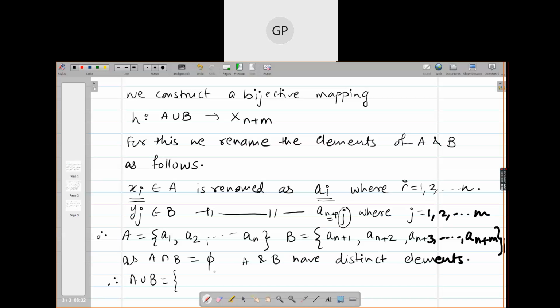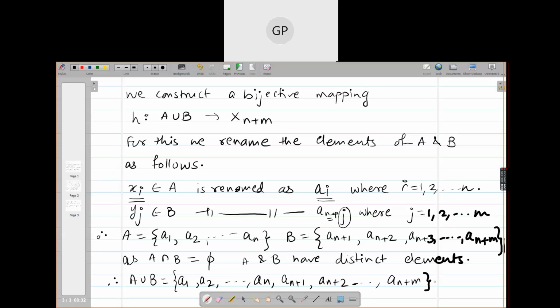A1, A2 up to An, comma, A n plus 1, A n plus 2 up to A n plus m. And all these elements are distinct.